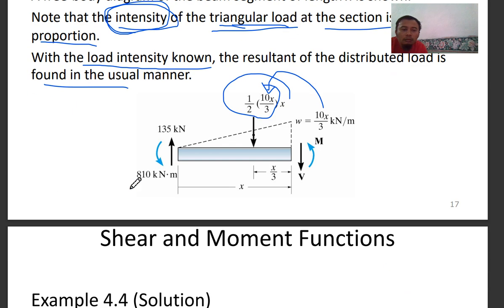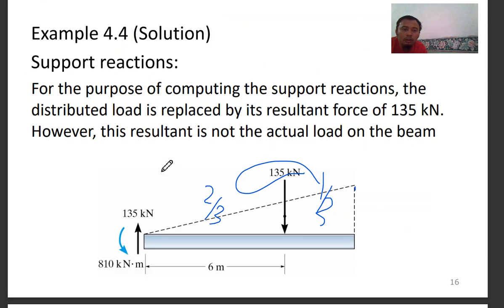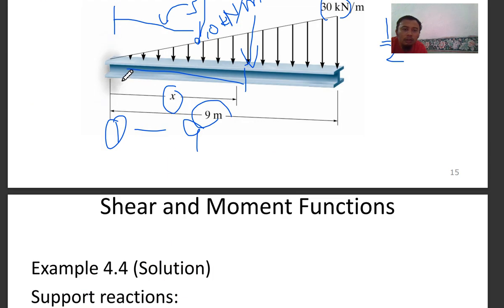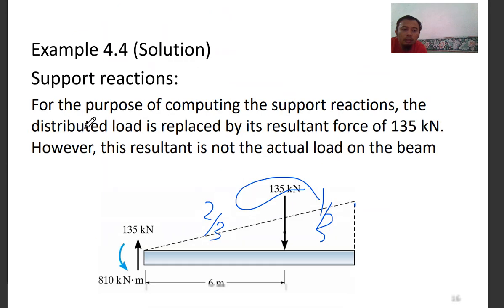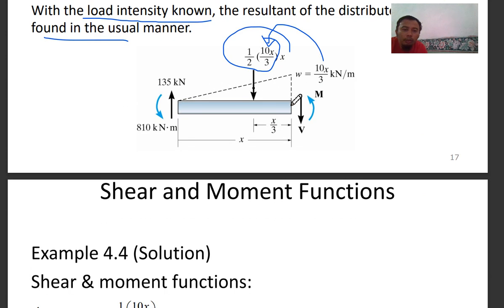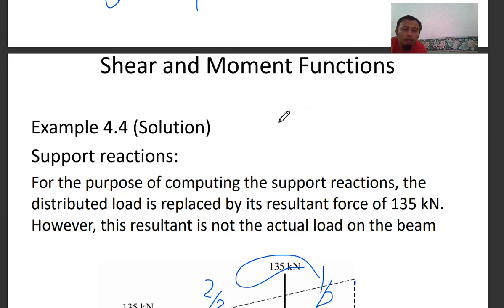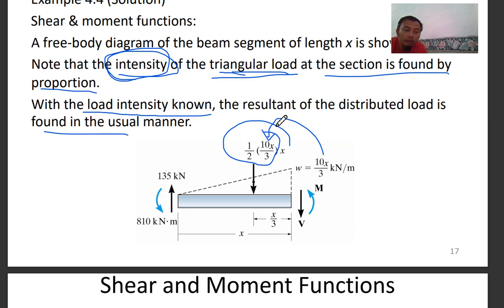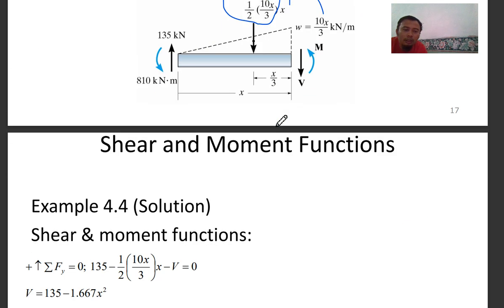So this is your reaction. This is your moment because it is a fixed end, a cantilever beam. So you have shear here, and then you have moment here. So you cut at the point, the point that you're interested in, because it is a single type of load.